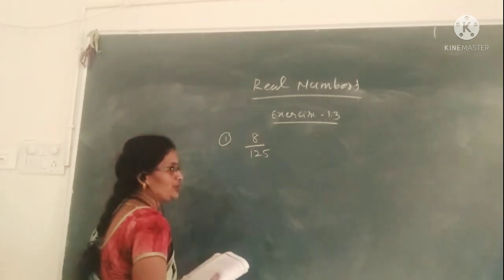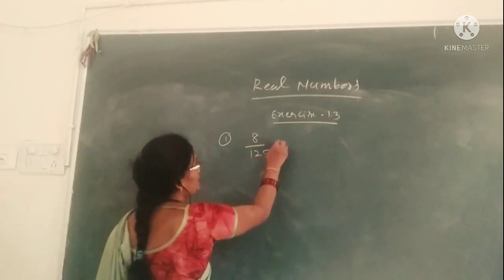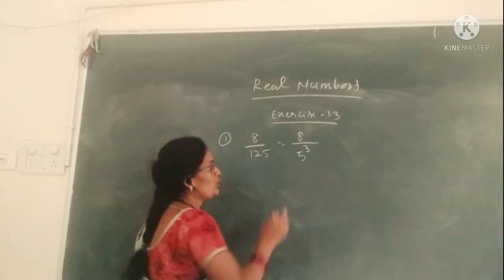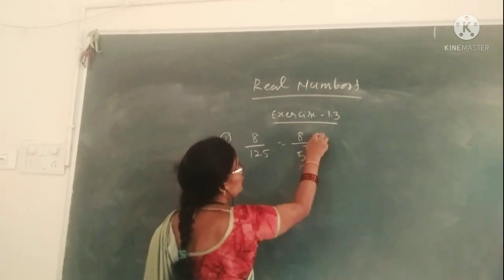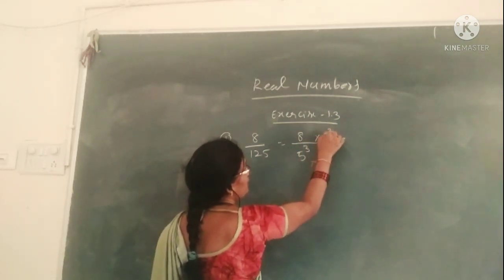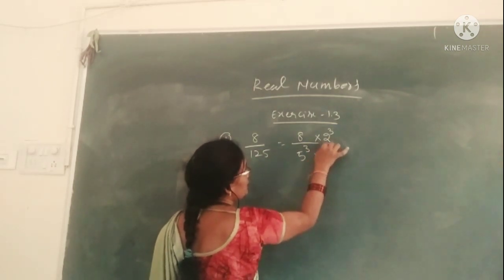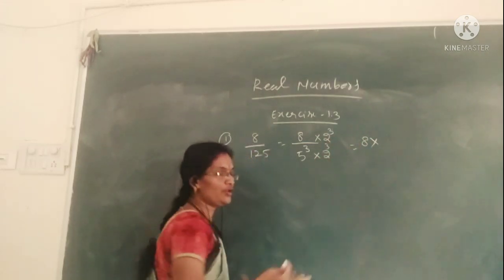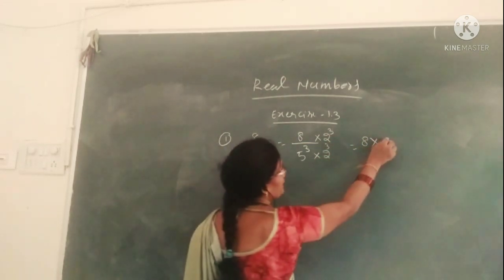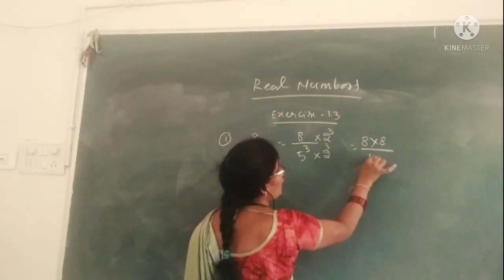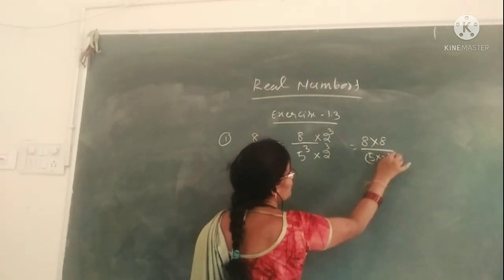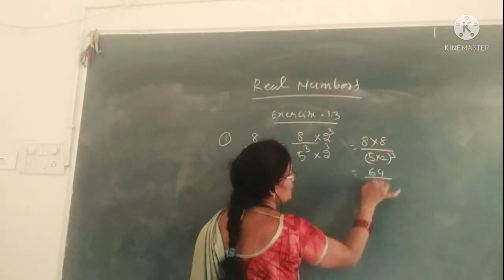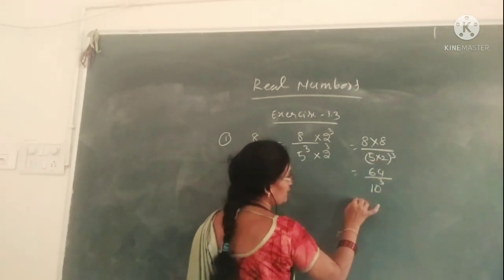So 8 by 125 we can write as 8 by 5 to the power of 3. So in the denominator, we multiply the numerator and denominator by 2 to the power of 3. So 8 into 2 2s are 4, 4 2s are 8, by 5 into 2 whole to the power of 3. 8 8s are 64, 5 2s are 10 whole to the power of 3.